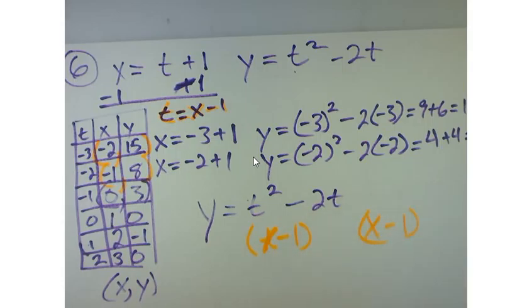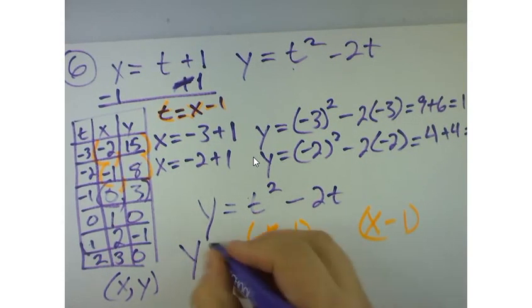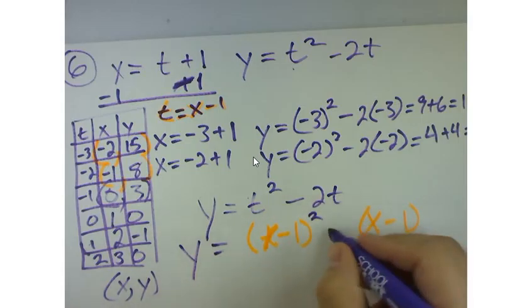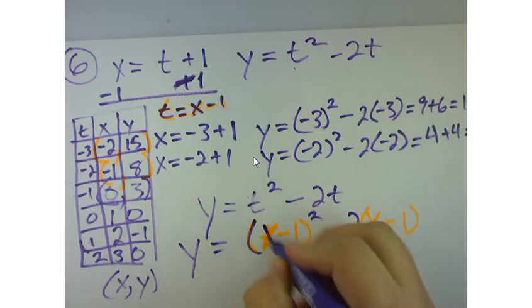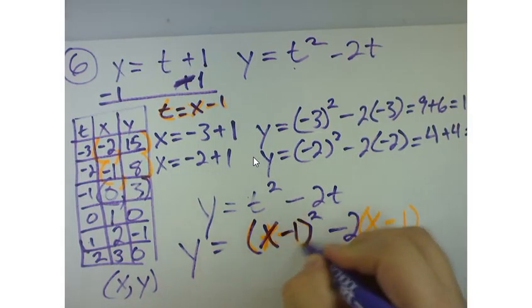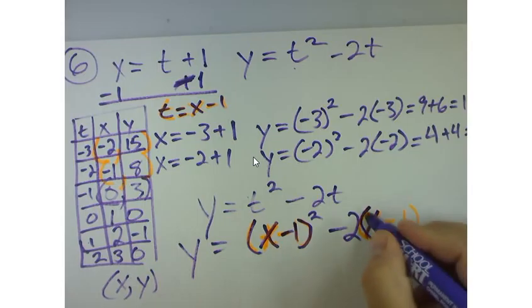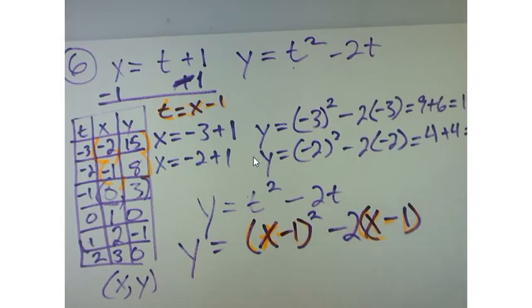So this is the old system of equations substitution thing. Do you see what I did there? Wherever there was a t, I plugged in the value x minus 1. And now I have an equation in terms of y and x, but no longer t's. I got rid of the t's.